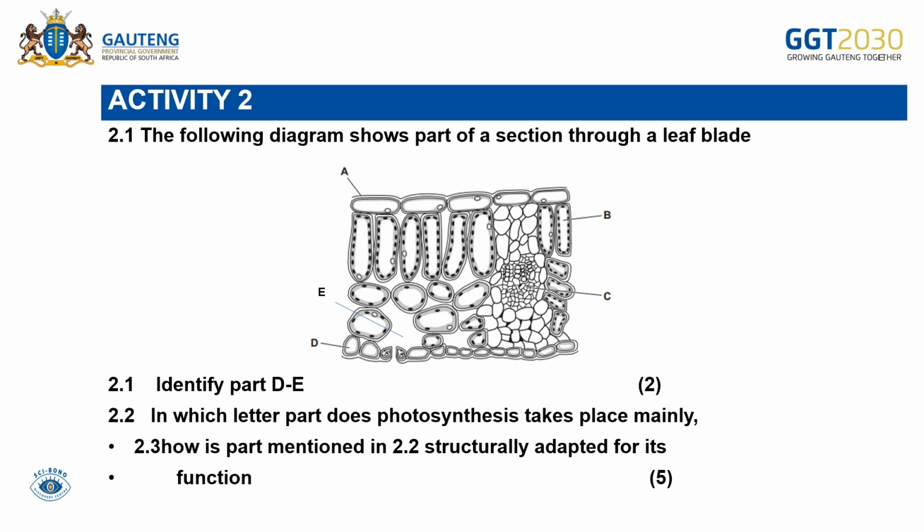It doesn't say identify part C, part B, part A. It says D to E. Then you look at the mark allocation: there are only 2 marks, meaning you must give 2 answers. Identify part D. What is part D? And what is part E?